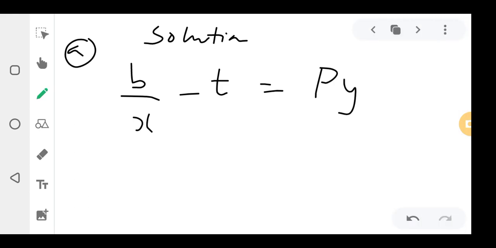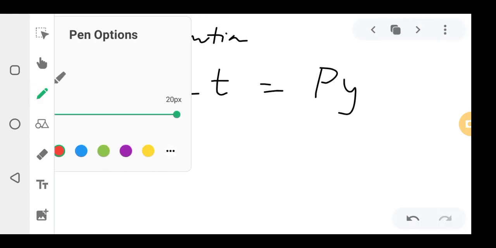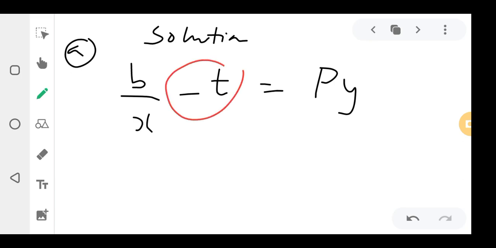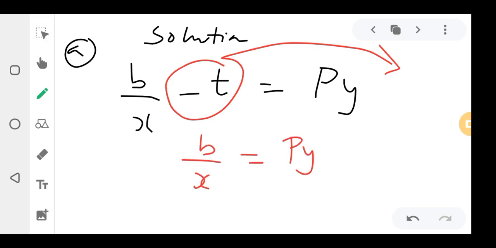We're making x a subject. Since we're making x a subject, the term with x will remain. This one will cross this side. So what will remain this side is b over x is equal to py, and when minus t goes this side it becomes plus t.